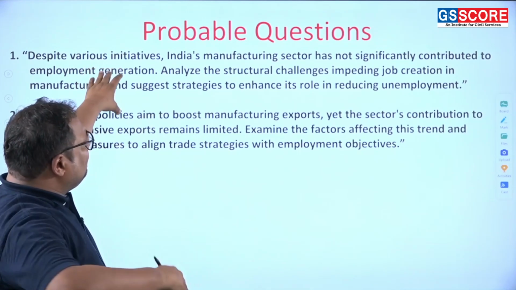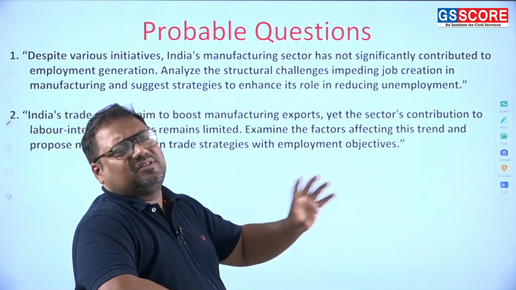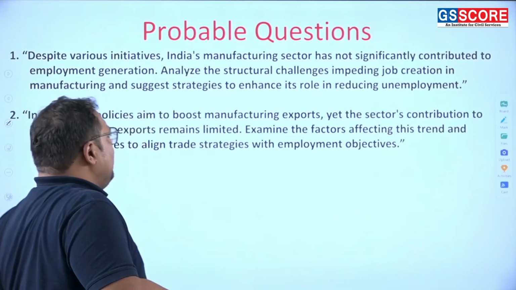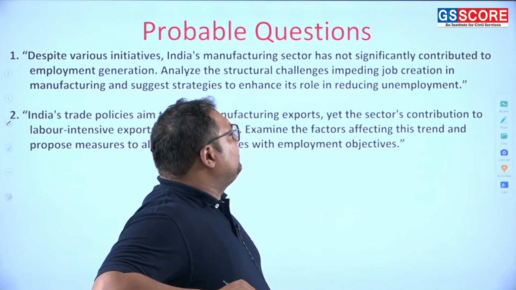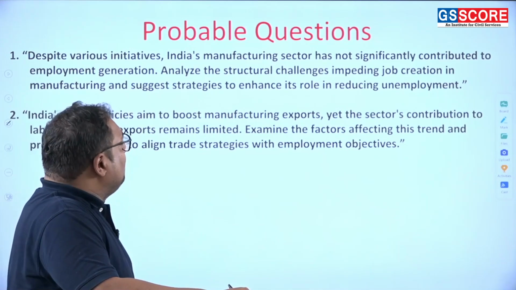Now, let us see the probable questions in today's context that you can pick up from this theme of job creation from manufacturing, unemployment and trade. So, despite various initiatives, India's manufacturing sector has not significantly contributed to employment generation.